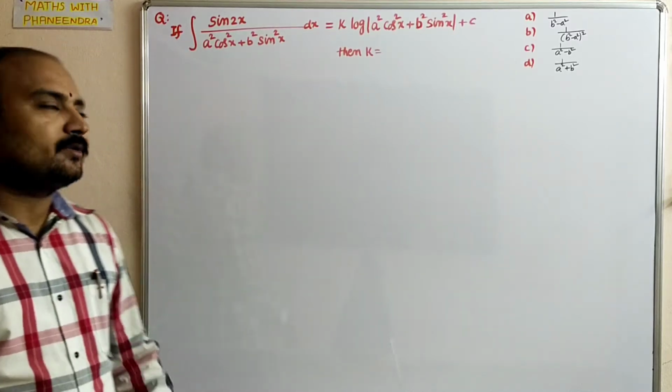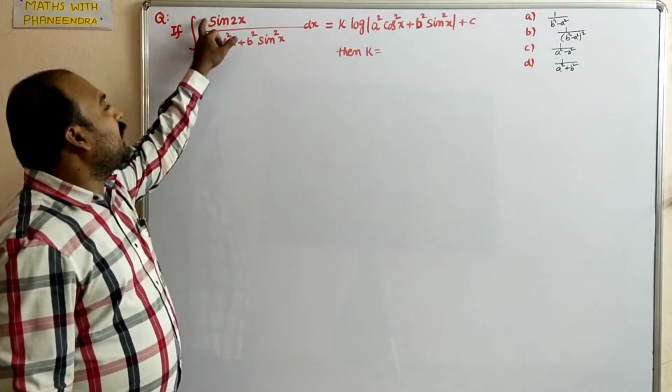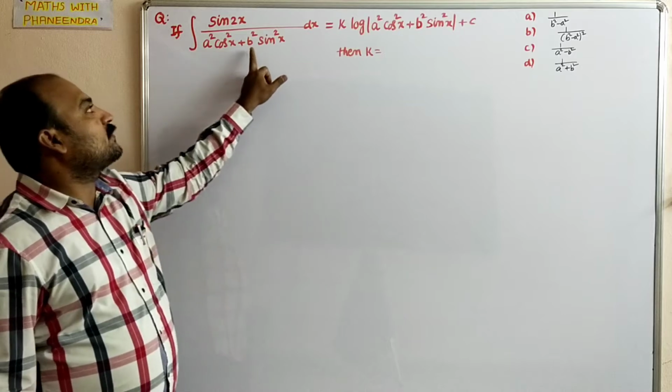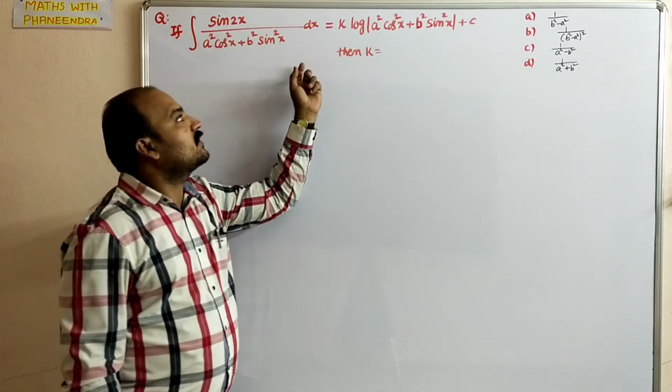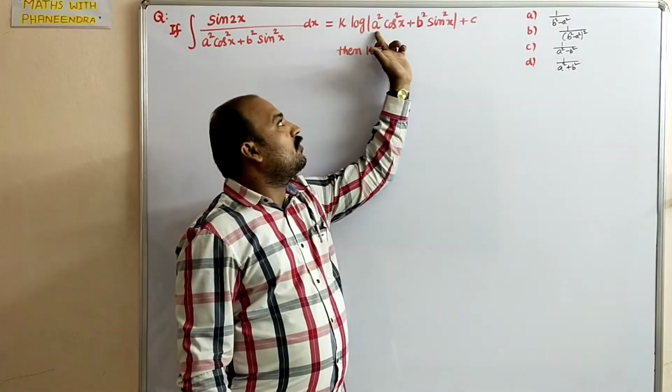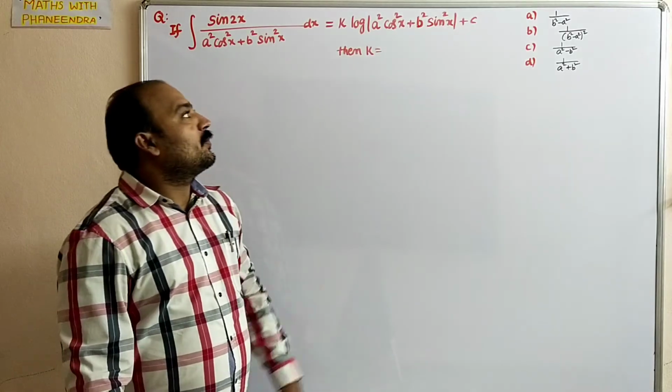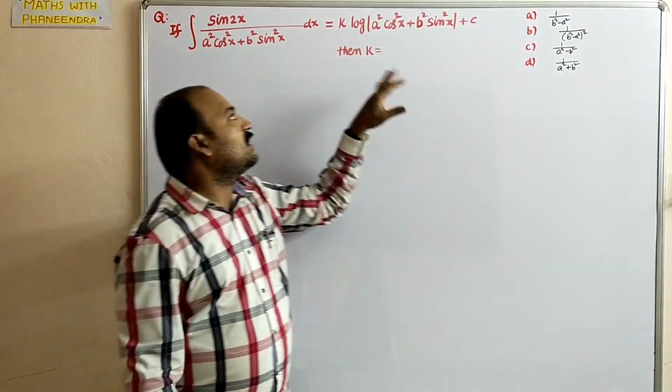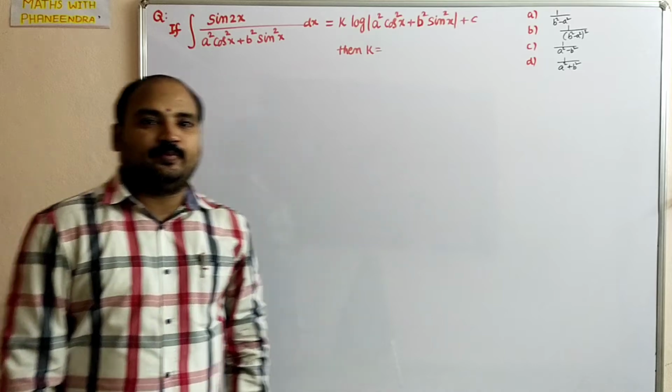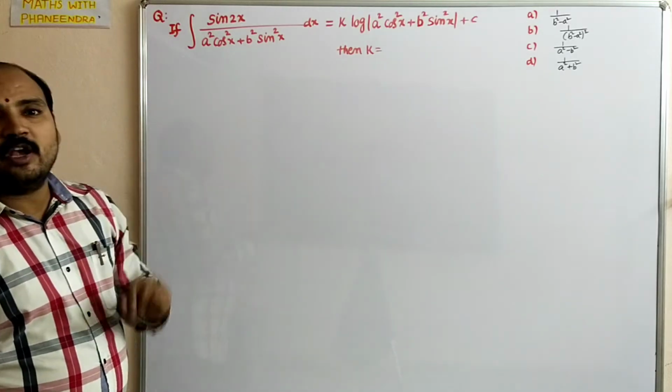The next question: if integral sin 2x by a square cos square x plus b square sin square x dx equals k into log of a square cos square x plus b square sin square x plus c, then k equals, they are asking to calculate the value of k.